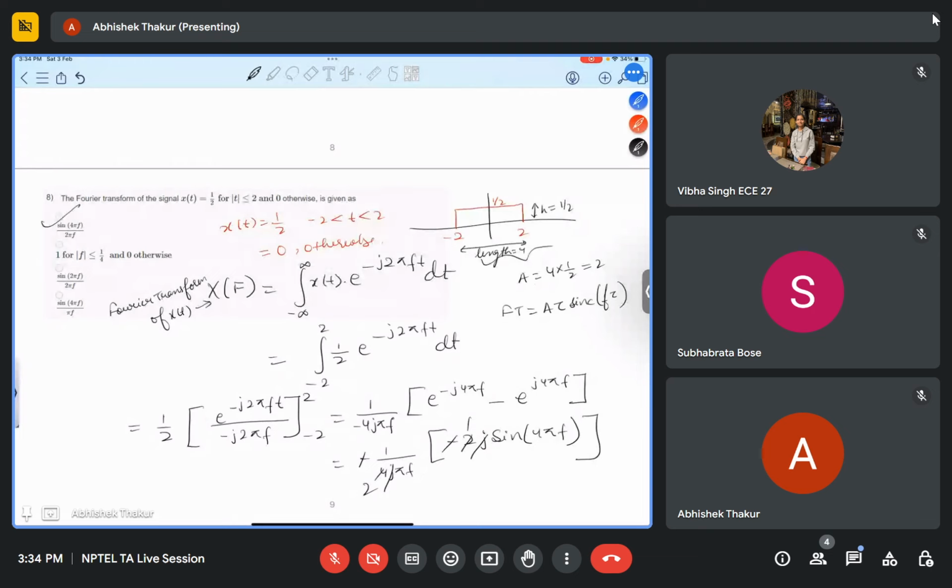A tau is the area. Don't get confused. Here I will write area instead of A. So the area is equal to 2 into sinc of f. F will remain as it is. And here tau is the length, that is 4f.